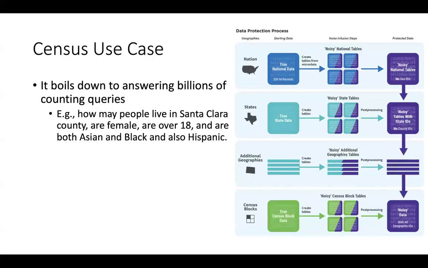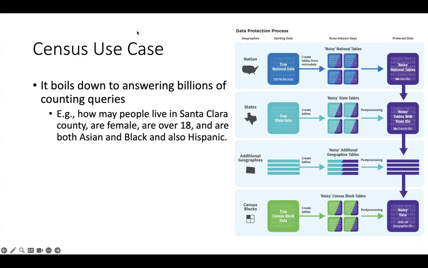Now, here's a figure from one of the papers that the Census Bureau released showing how they did this. These count inquiries are in a geographic hierarchy. First they ask count inquiries at the national level, how many men aged under 18 or Black are there in the country. Then they ask those same queries at the state level.